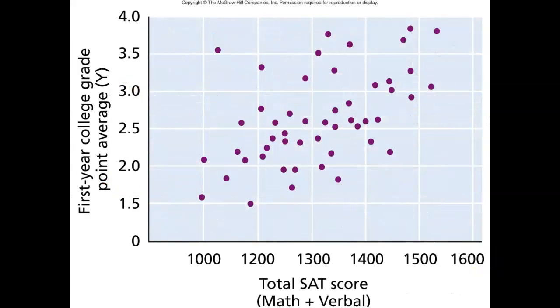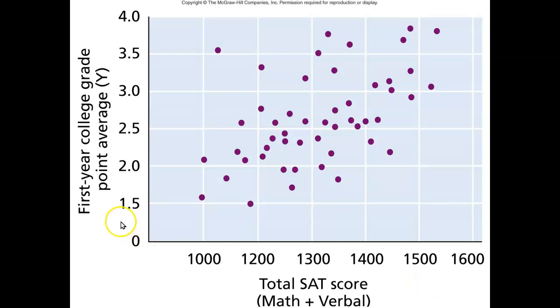So what does this mean? Okay, so here we go. First year college grade point average and total SAT scores. Would you say that this is a strong, moderate, or weak correlation? It's a moderate correlation. So, finding a line of best fit isn't easy. It's there, but it's not going to give us a nice straight line. What they have found, so with this, it's a positive correlation because it's going in this direction.